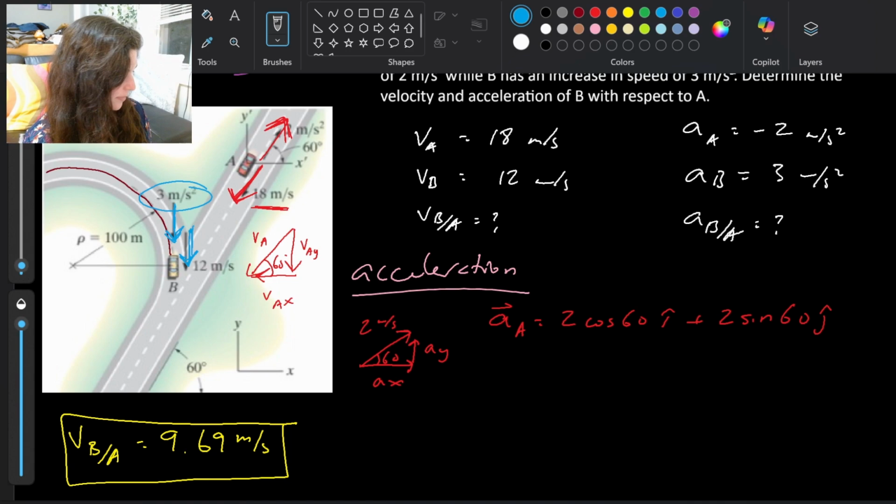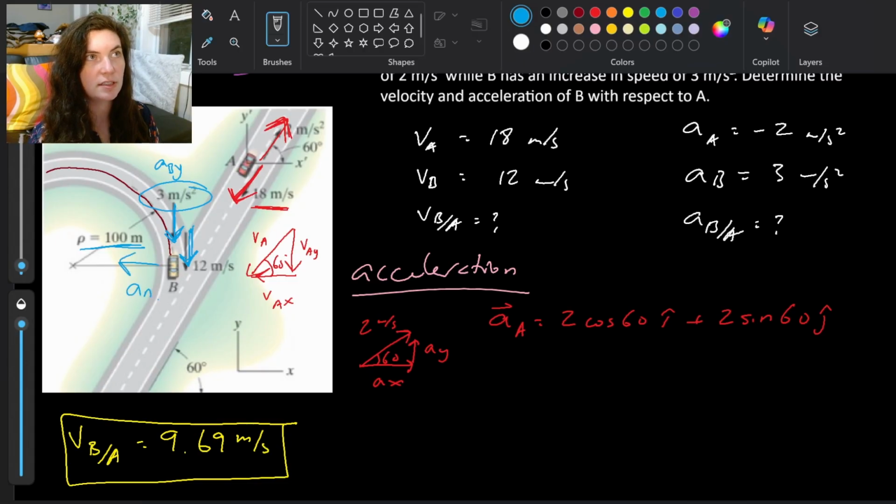It's going around that curve. So this 3 is actually our a_B in the y direction, our tangential acceleration, as we did for curvilinear motion with tangential and normal accelerations. We have a radius of curvature, so we can find what that normal acceleration is, to find what our acceleration for B in the x direction is.